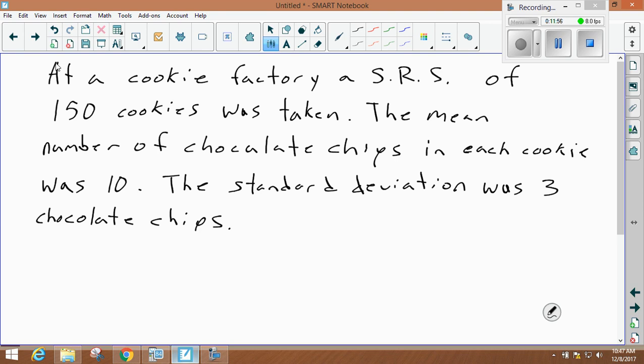So have we got all of our stuff? We have our mean. We have our sample size. We have our standard deviation. We are prepared to create a confidence interval. At what level of confidence?